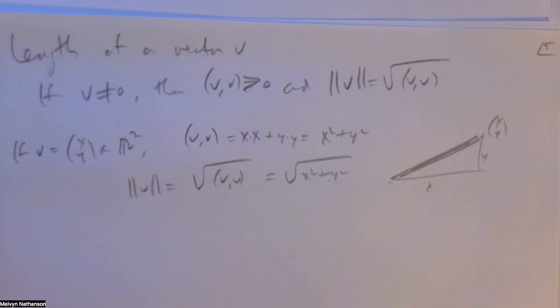So once you have an inner product, you actually have a way to define the length. And in fact, you can go in the opposite direction. Once you have the length, you can actually deduce the inner product.